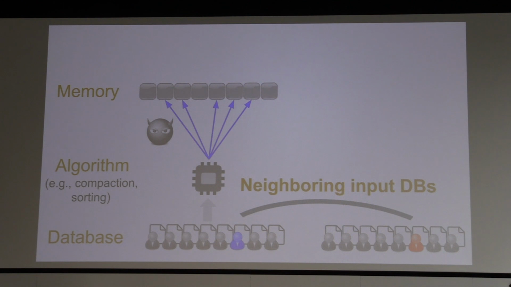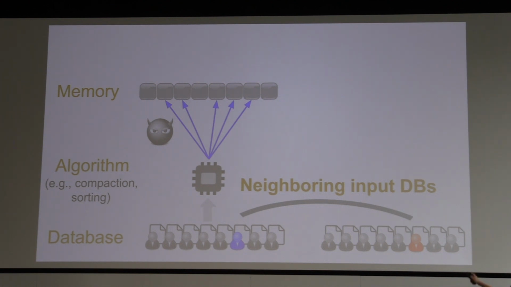So now, let's consider two neighboring databases. These two databases are neighboring because they're almost identical except for one user record. On the left-hand side, this differing record is shown in blue. And on the right-hand side, the differing record is shown in red.